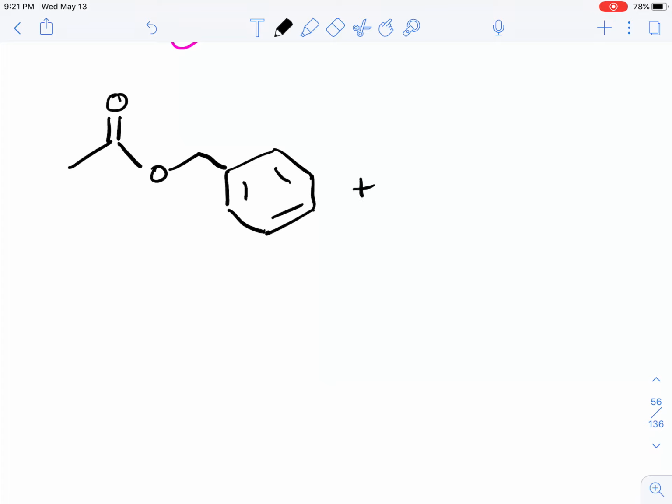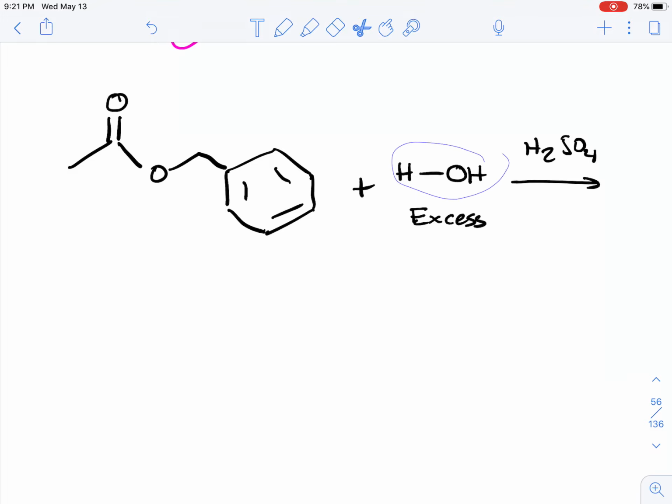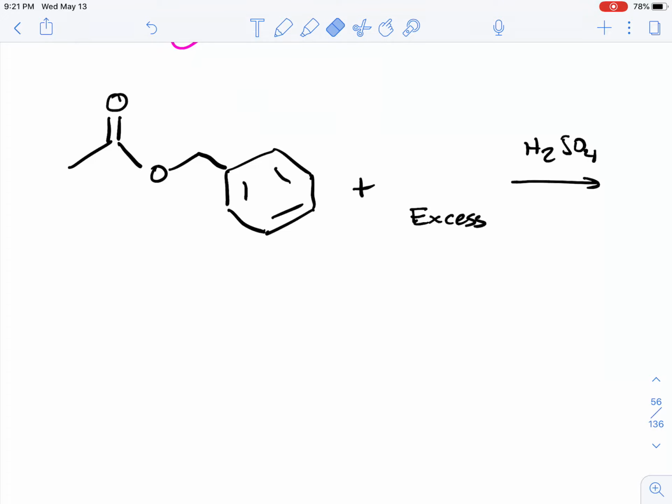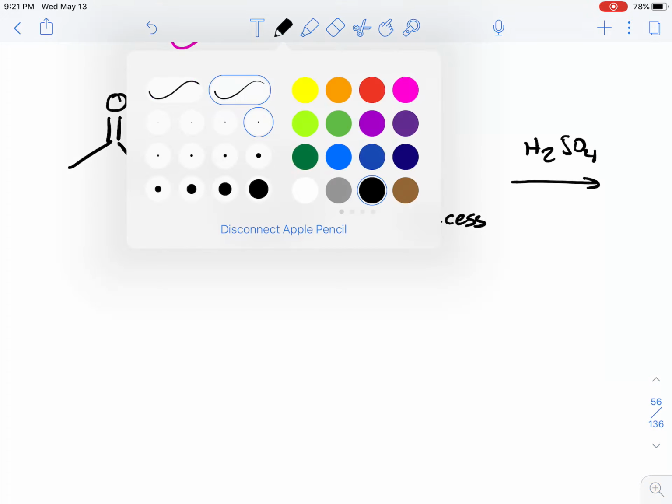And so if we treat benzyl acetate with sulfuric acid in the presence of excess water, what's going to happen, maybe I should draw this, I'll write this in a different color.